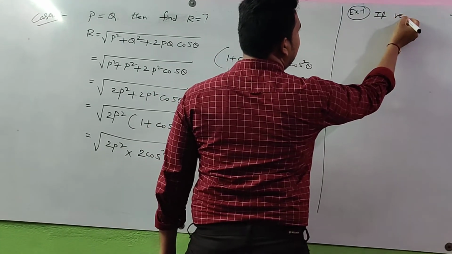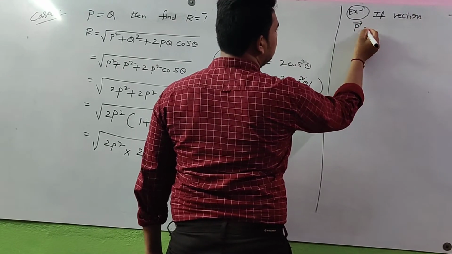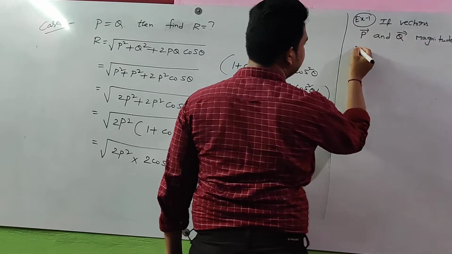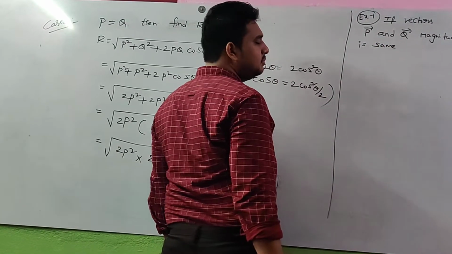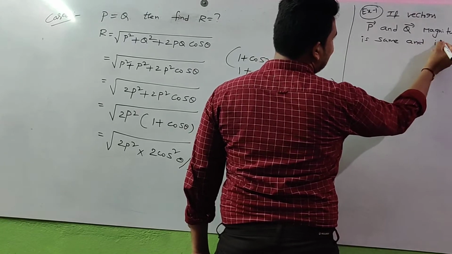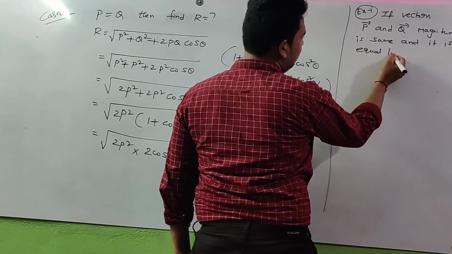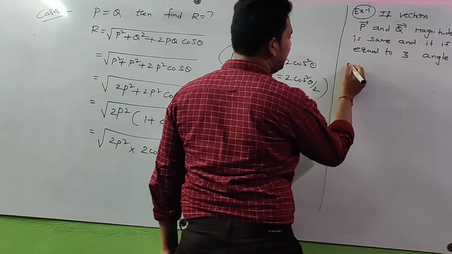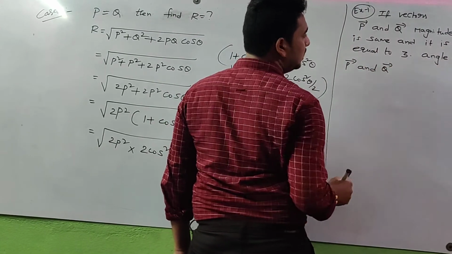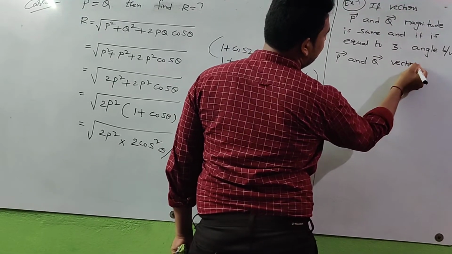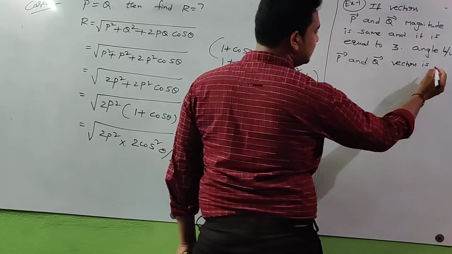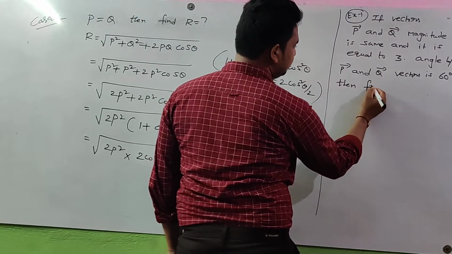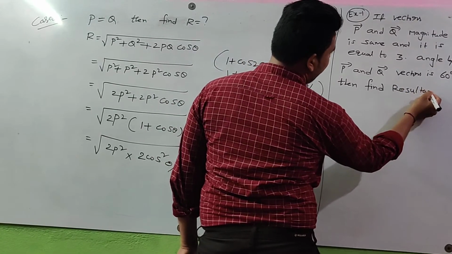If the vectors P bar and Q bar have the same magnitude, equal to 3, and the angle between the P bar and Q bar vectors is 60 degrees, then find the resultant of the two vectors.